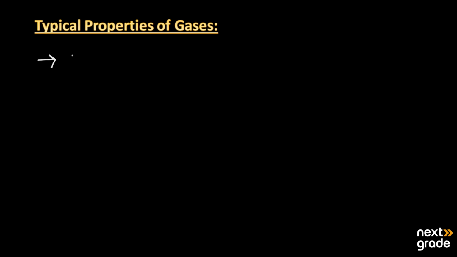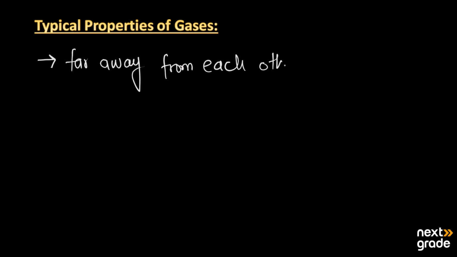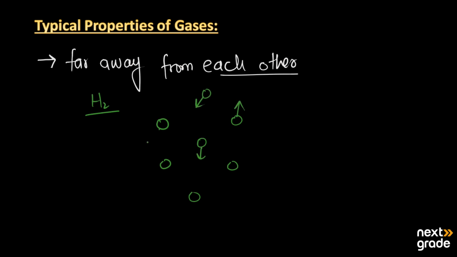As the gas molecules are far away from each other, it means there is a long distance between them. For example, here we have hydrogen gas, and its molecules are far away from each other and free to move.